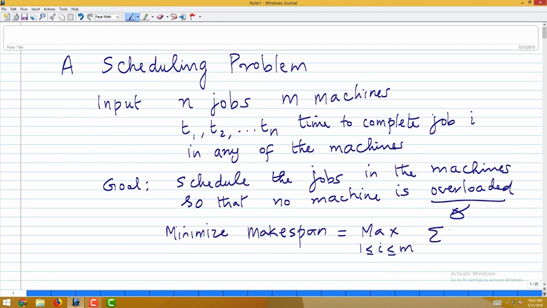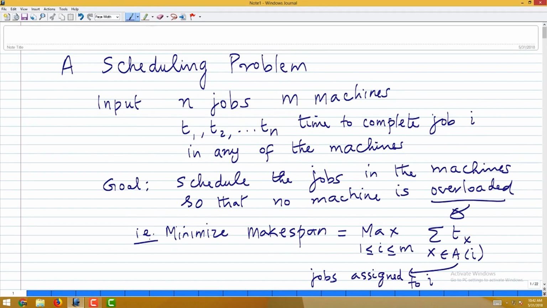If you look at this, A_i, suppose, is the jobs assigned to machine i. Right, we want to minimize the maximum load on any machine. Okay, so, it is an optimization problem.